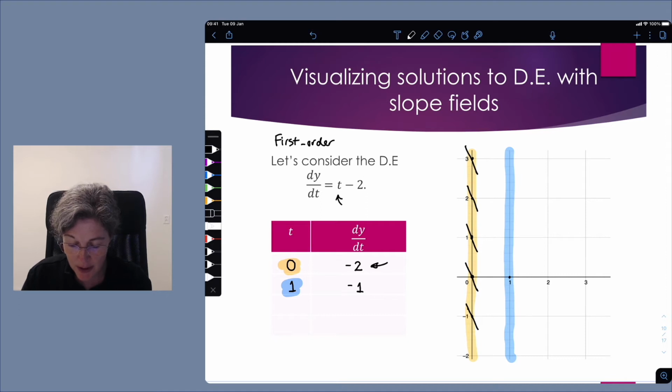It'll look like minus 1. So again, it's negative, but it's not as steep as when we were at 0. So it'll be something like that. On the other hand, if my function value was different, then I'd have a tangent like so, and a tangent like so.